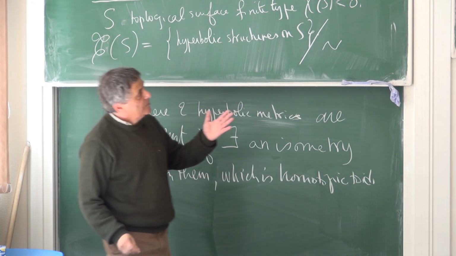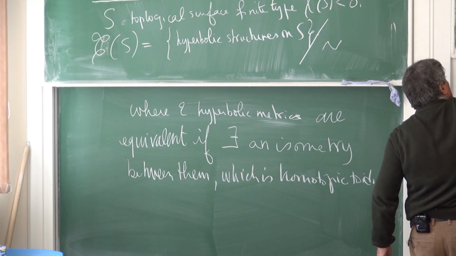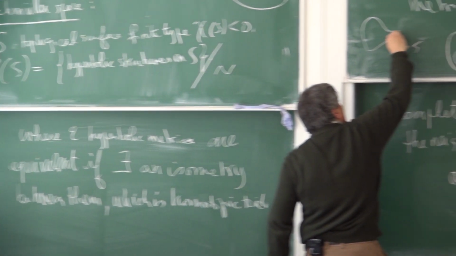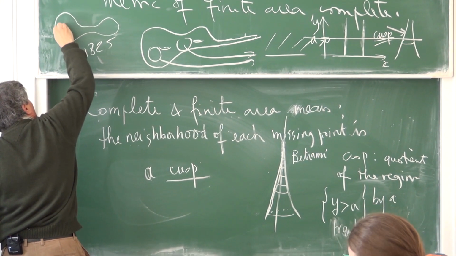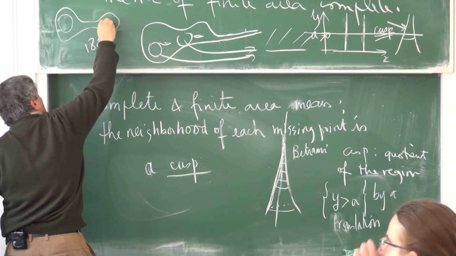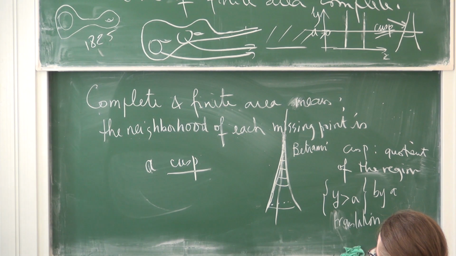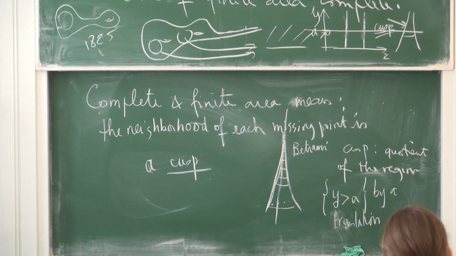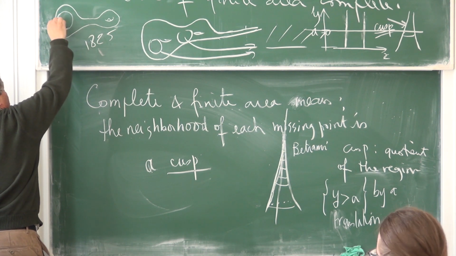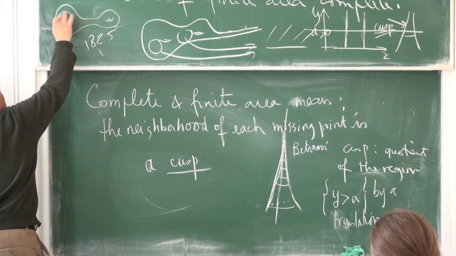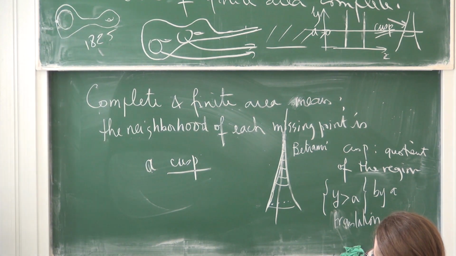So for instance, you see this, suppose this is a hyperbolic metric on S, on my surface S. That is, on the left-hand side, I have a very short curve, say like this.